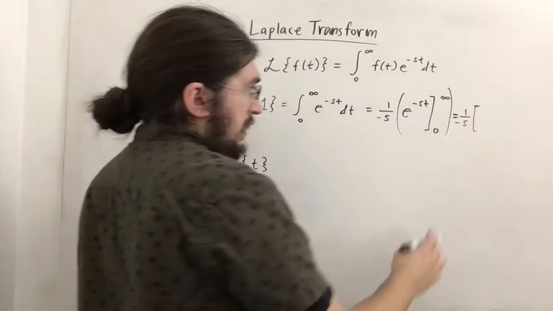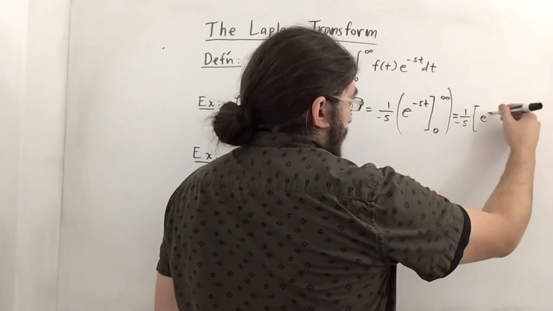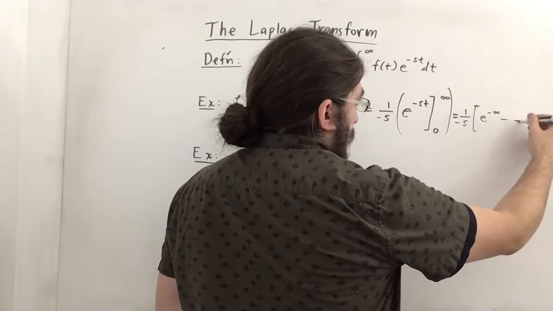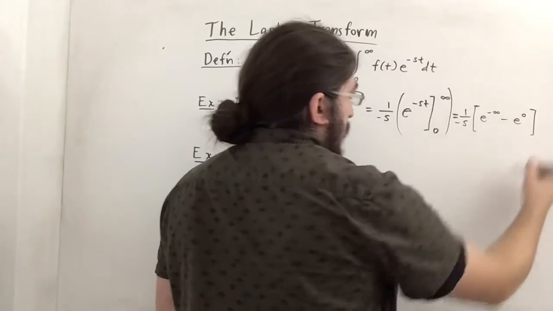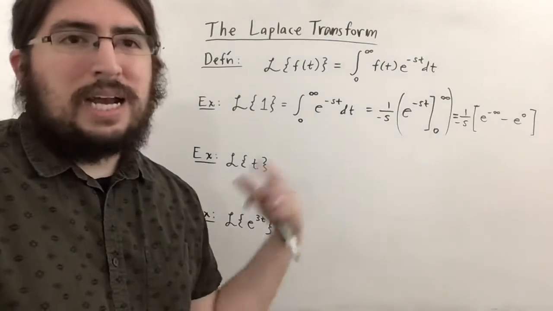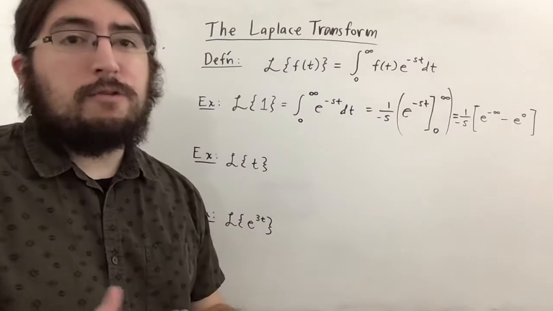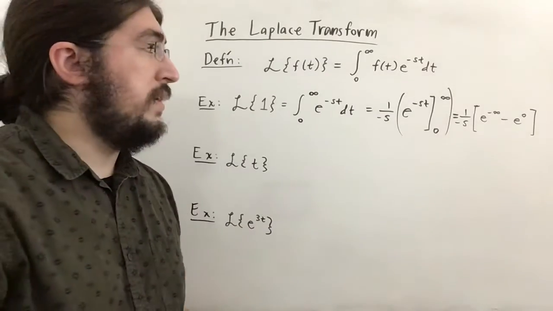Equals 1 over negative s times, when you plug in infinity, you get e to the negative infinity, minus when you plug in 0, you get e to the 0. Now, of course, e to the 0 is 1, and e to the negative infinity is an incorrect way of writing things, because you don't really plug in infinity, you find limits as something goes to infinity.